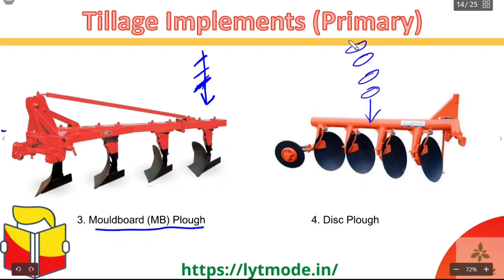And the last wheel is straight. Again, there are multiple variations of this which you can see, but when this plow is moved forward, these wheels will churn the soil, and this soil will get overturned. Okay, so the lower layer will come up and the upper layer will get inverted. So that is how the tillage is done. If these wheels were taken straight, then this would not have churned the soil, and then this would not have been a primary tillage operation. All right, so that's a disc plow.